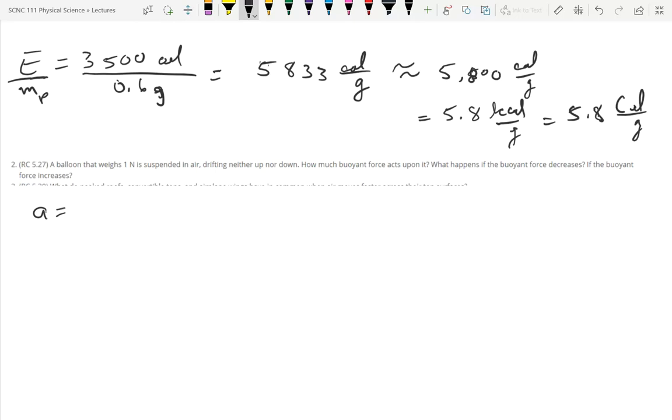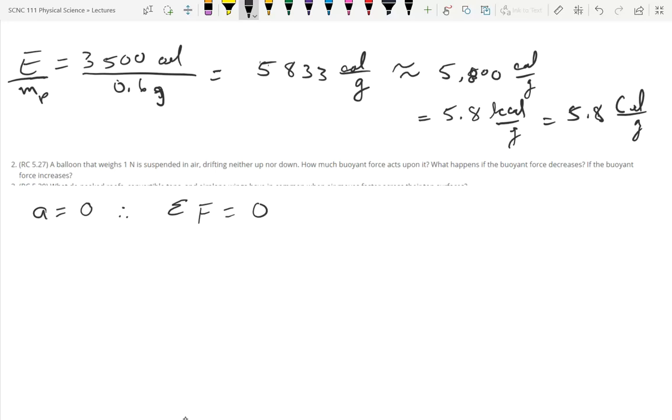If it stays at the same height, then its velocity is constant at 0. And since acceleration is the change in velocity divided by change in time, if the velocity is remaining constant, the acceleration is 0. Therefore, the sum of the forces equals 0, because the sum of the forces is mass times acceleration.